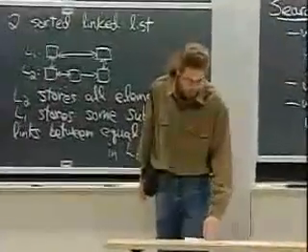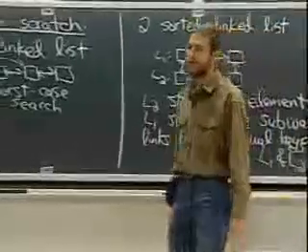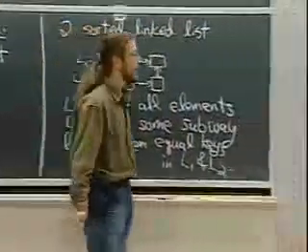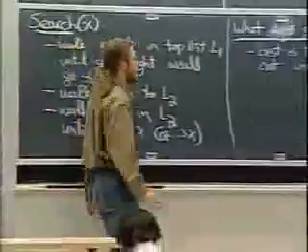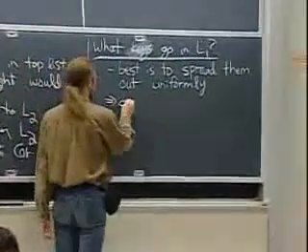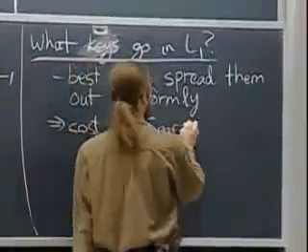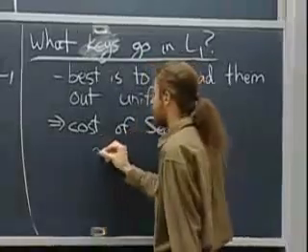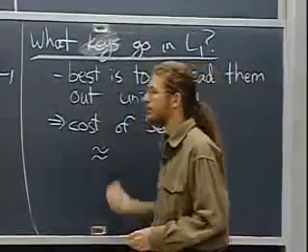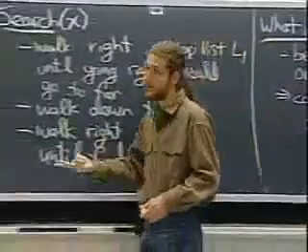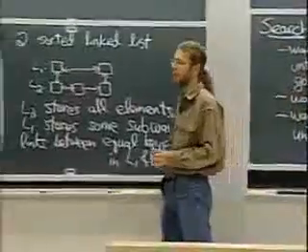And now we can start to analyze things as a function of the length of L1. So the cost of a search is now roughly, I want a function of the length of L1 and the length of L2, which is all of the elements, n.